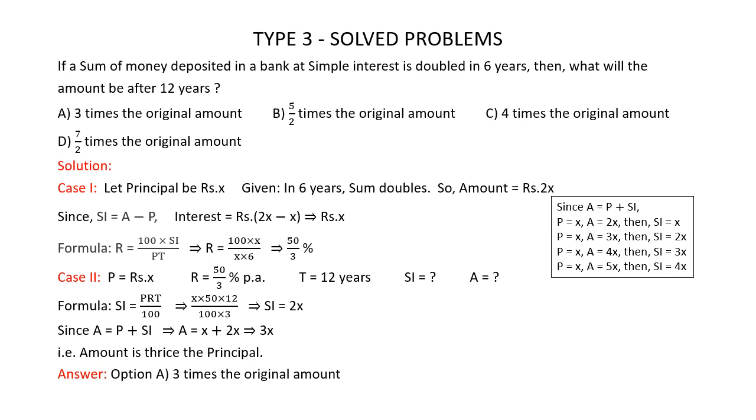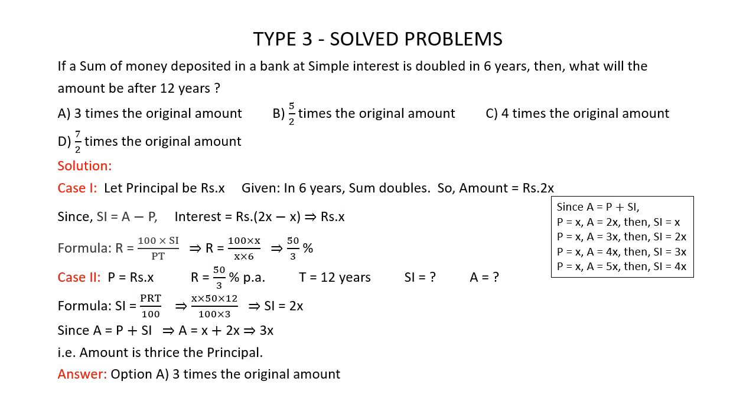Similarly, if principal is x and it becomes 4 times of itself so that the amount is 4x, then simple interest has to be 3x. Similarly, if principal is x and it becomes 5 times of itself so that amount is 5x, then simple interest has to be 4x so that amount can be 5x.